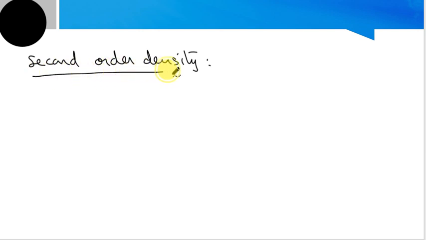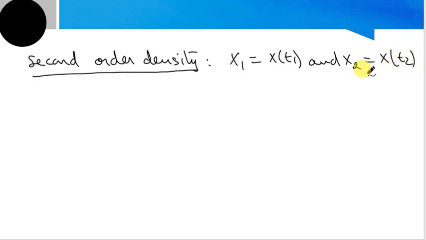Next, let us find the second order density. In order to find the second order density, let us consider x1 and x2 to represent x1 as x of t1 and x2 as x of t2 for arbitrary times t1 and t2.